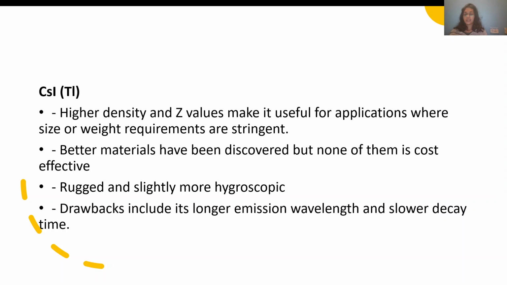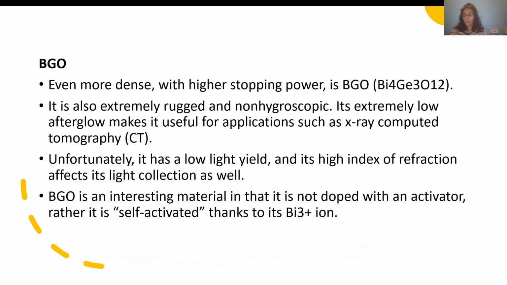Cesium iodide is slightly more rugged and slightly less hygroscopic. Its drawbacks include its longer emission wavelength and slower decay time. Its light yield exceeds that of sodium iodide thallium.